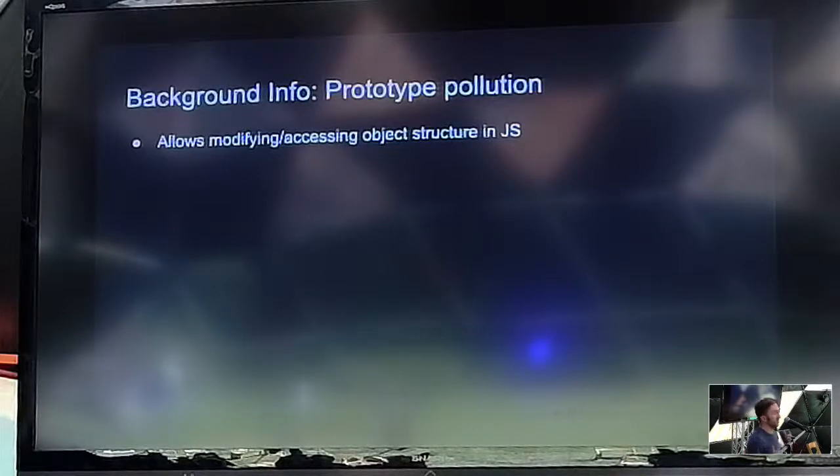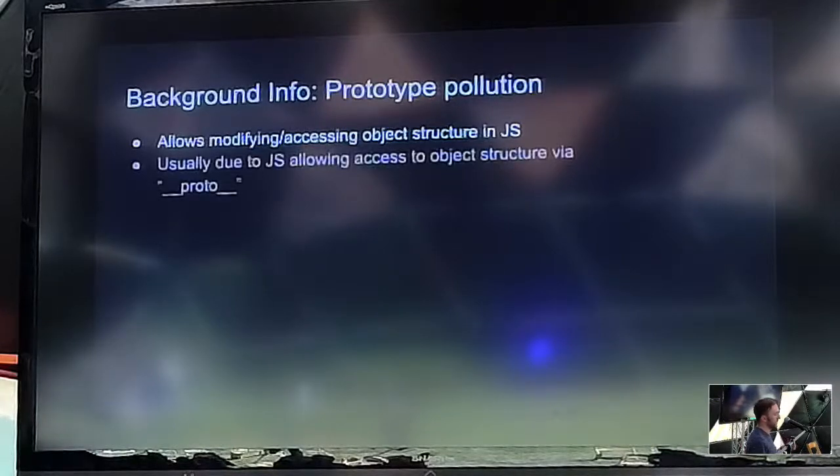If you're familiar with deserialization bugs, it's very similar to that, but it's JavaScript specific. So it's usually due to the __proto__ key, which if you access a JavaScript object using that key, it will just assume that you're accessing the actual structure of the object.